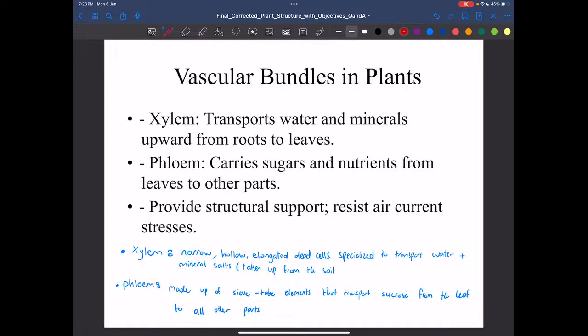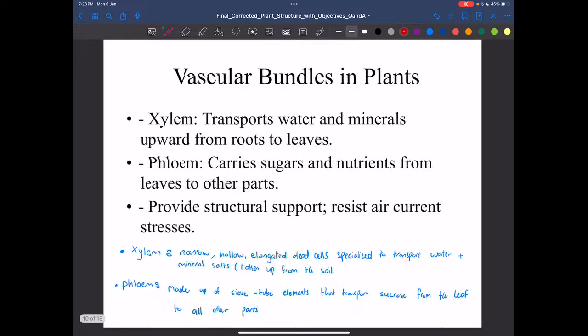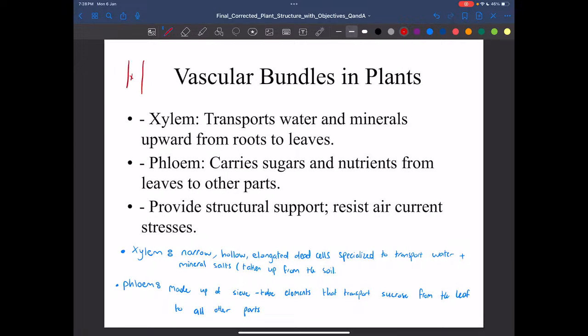Okay, perfect. Now let's look also into more detail about the vascular bundles in plants. So we said already, xylem transports water and minerals upward from roots to leaves. This is important to note. So let's say this was xylem, okay? The direction is going to be upward because we saw the root system and the shoot system.